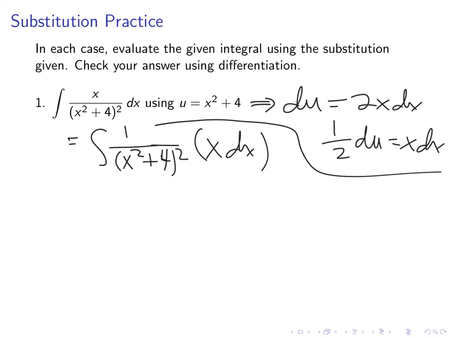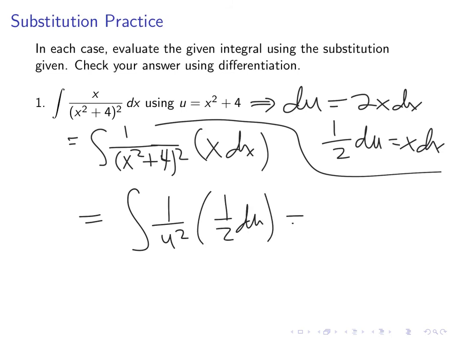So by multiplying both sides by a half, I now have an expression on the right for x dx is 1/2 du. And so I can go ahead and say 1 over u squared times 1/2 du. And like we saw before, that 1/2 actually comes outside of the integral. And so now that's a fairly easy problem. And again, we'd want to put our x's back in at the end.